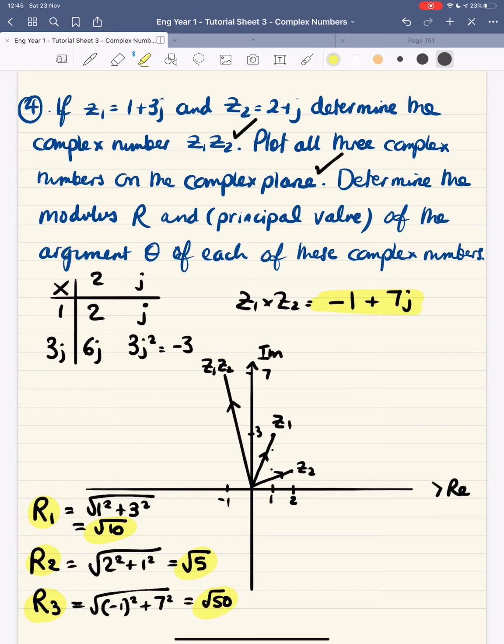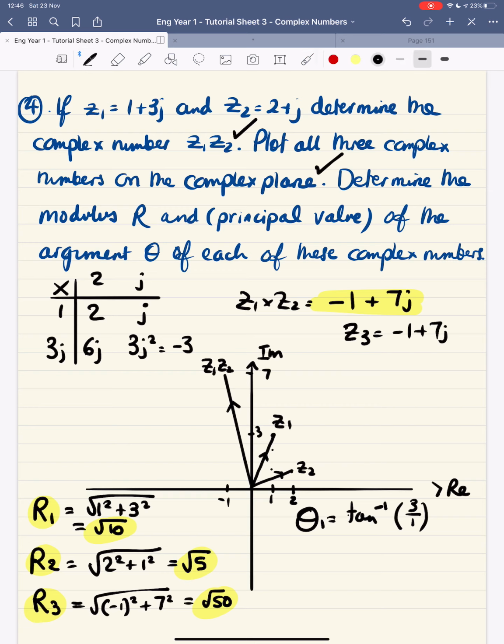And then we want the theta for each one. I've just called that one z3, so it matches the notation there. So the theta for the first one is tan inverse of 3 over 1. You do the imaginary divided by the real.